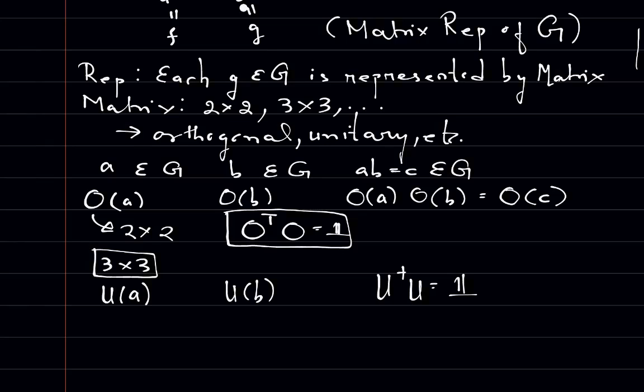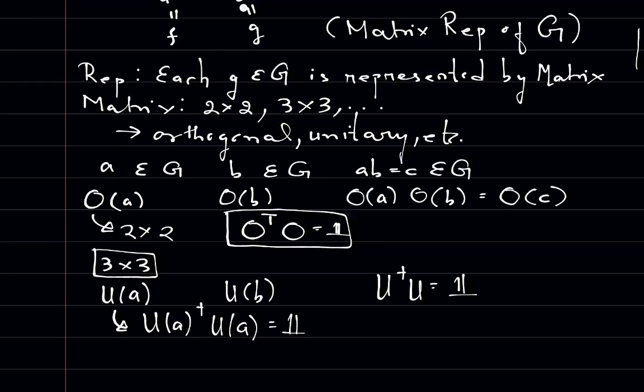It is transpose and conjugate, and in the orthogonal case we just took the transpose, no conjugate. So for the matrix that represents A, if you put the dagger here and multiply with this, you get the identity matrix.